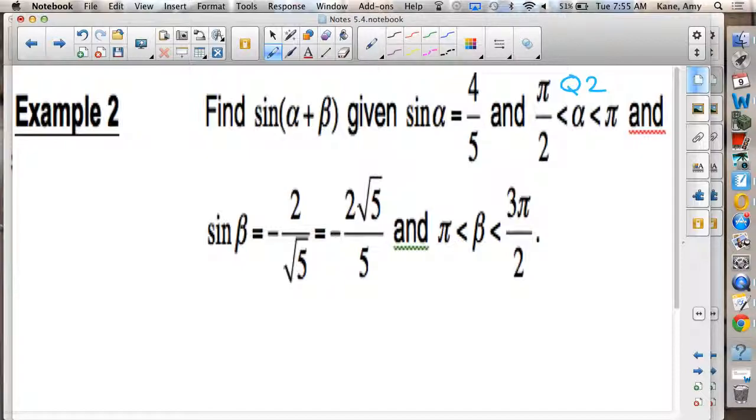I don't know what angle A is, but I know that the sine of that angle is equal to 4 over 5. And then they also tell us that the sine of angle B is equal to -2 over root 5, or simplified, -2 square roots of 5 over 5. And angle B is between pi and 3 pi over 2, which is actually in the third quadrant.